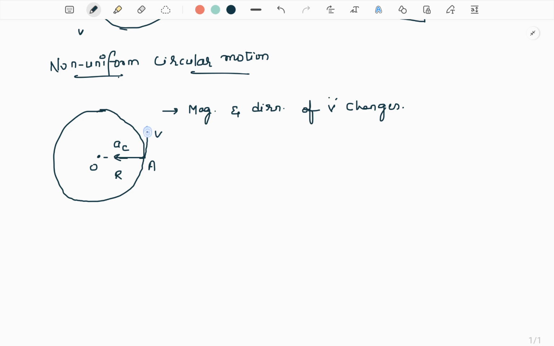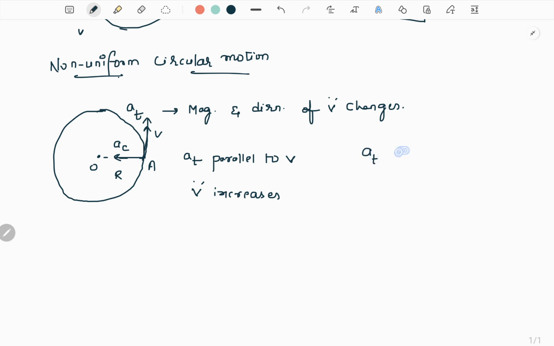The other component is the tangential component. If this tangential component is in the direction of the velocity, then the magnitude of velocity would increase with time. Suppose AT is parallel to v, then what would happen to v? v would keep on increasing in magnitude.